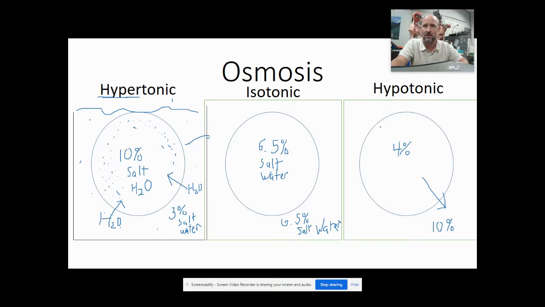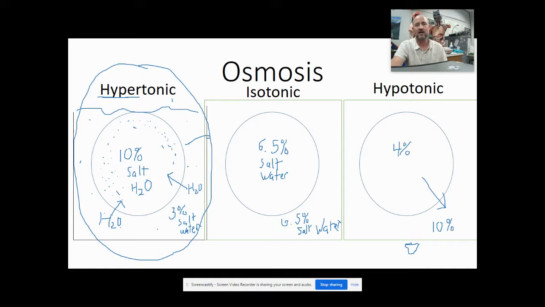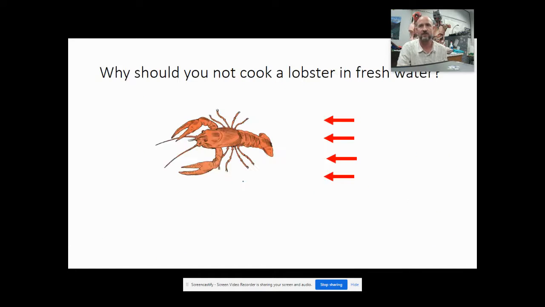And if you think about this cell, if I'm taking water out of it, it's going to go from this nice pretty cell like this to down here is my shriveled up little cell. The cell's going to shrivel up and die of water. You guys are going to do a lab on this tomorrow. And this side, as water rushed in, this cell was this big, it would grow to like this big because it swelled with so much water. So that is osmosis. Hopefully that helped you guys with it a little bit.